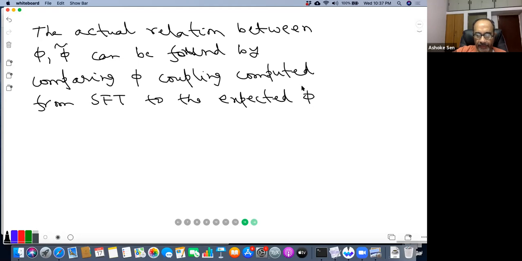Phi tilde coupling is known because phi tilde is at the position of the D-instanton, so you know how the various correlation functions change as you move the D-instanton.